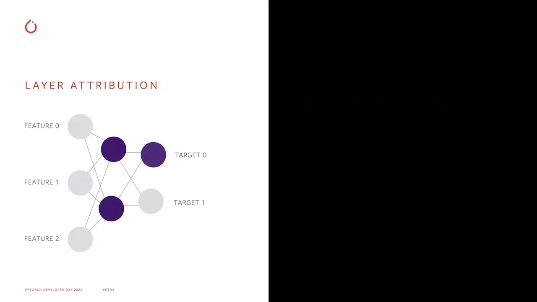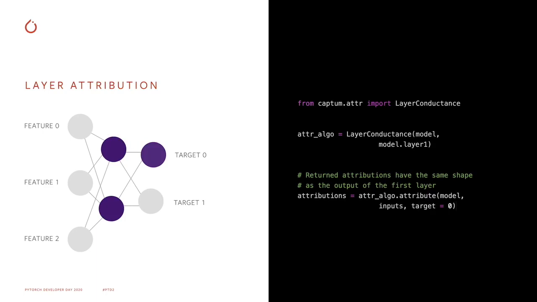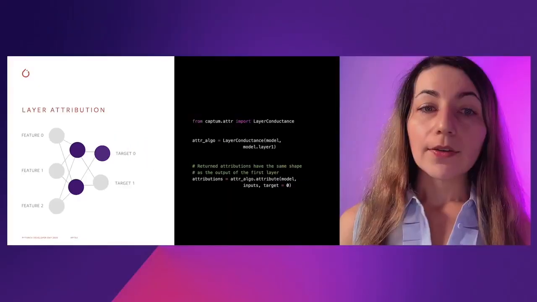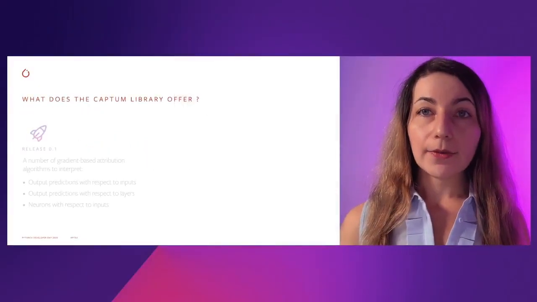The same definition is also valid for layer attribution. In this case, we attribute the output target prediction to a hidden layer. On the right side, we can see example code that computes layer attribution using layer conductance. So this was what we had in the first release.